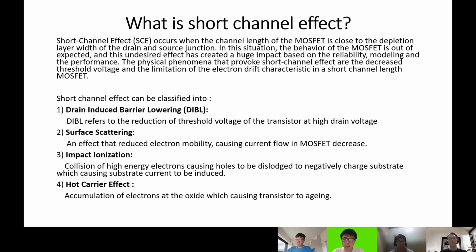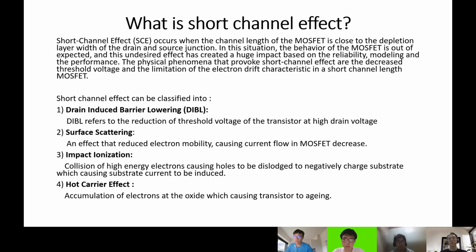The first effect that we observe on the MOSFET is short channel effect. Short channel effects occur when the channel length of the MOSFET is close to the depletion layers of the drain and source junction.